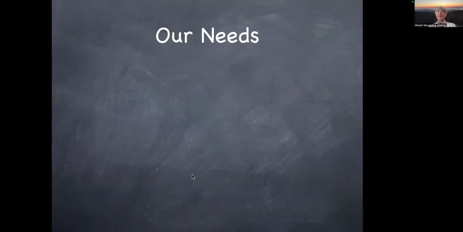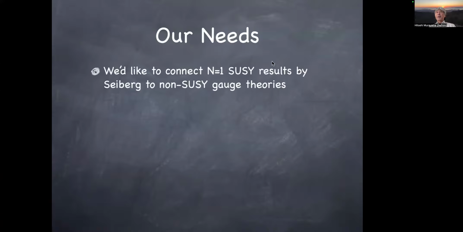So we have particular needs here. We'd like to connect supersymmetric gauge theory, which has been solved exactly by Seiberg, to non-supersymmetric gauge theories, which means that there are some particles we don't want. Every fermion, quarks, in supersymmetry is partnered with a scalar partner, squarks, and we don't need them. We need to make them massive.